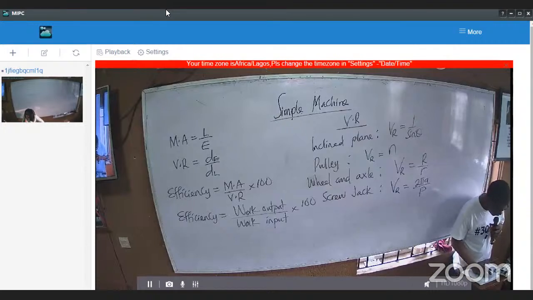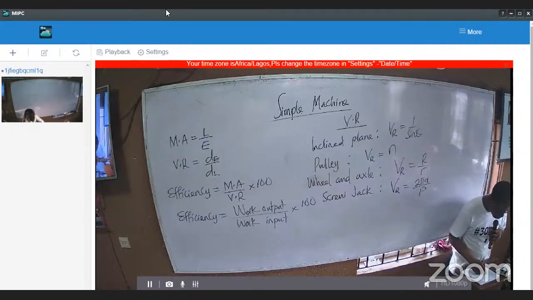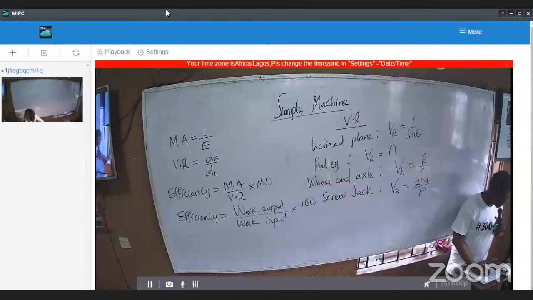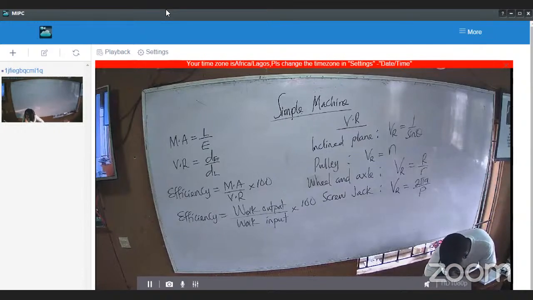If the radii of the wheel and axle are 20 centimeter and 10 centimeter respectively, find the efficiency of the machine.